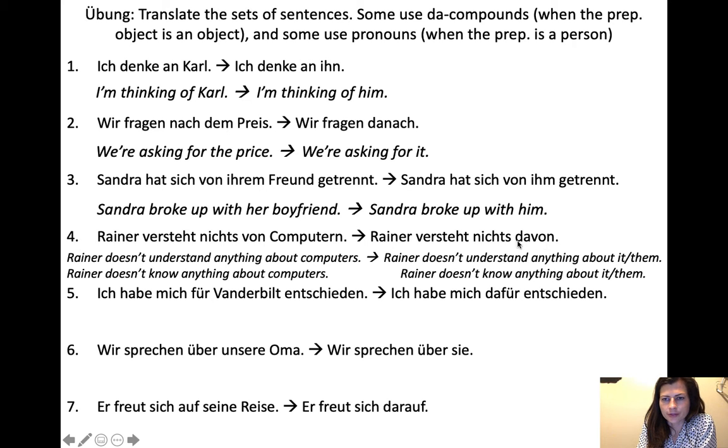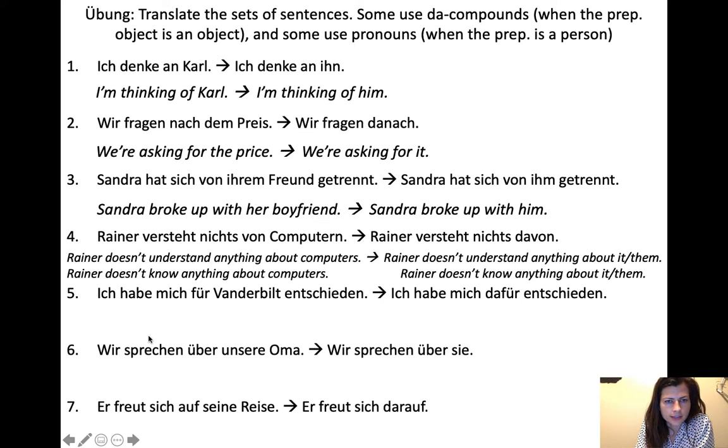So davon is about it. And versteht von is kind of a hard one to translate. You can also say he doesn't know anything about computers. Maybe sounds a little better. You don't get the word understand in there, but I think it actually conveys the same meaning and sounds nicer. So he doesn't know anything about computers, and then he doesn't know anything about them, you could say.